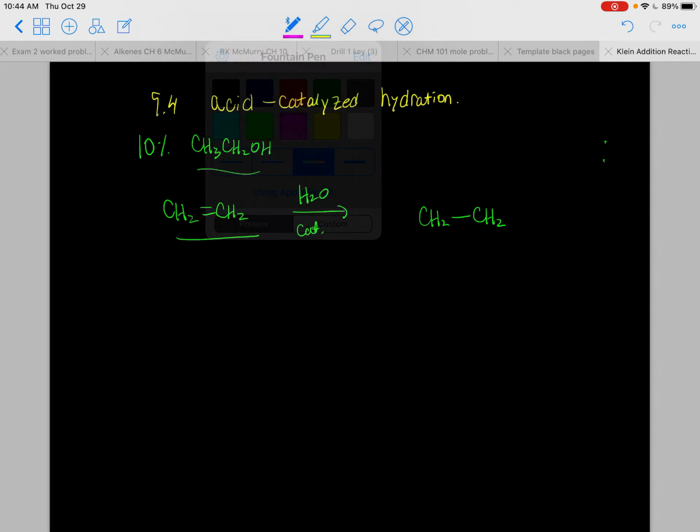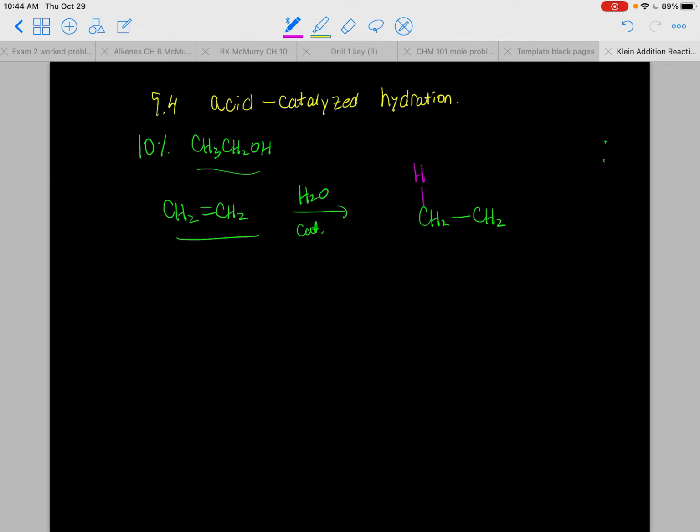Ethyl alcohol is the hydrated ethylene, okay? We are basically adding water across those two carbons of the alkene, okay? So the vast majority of the ethyl alcohol that you get in your gas tank, or that it's in your gas tank right now, was produced by this method.